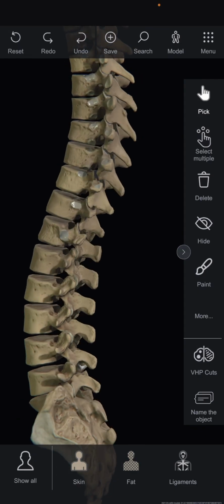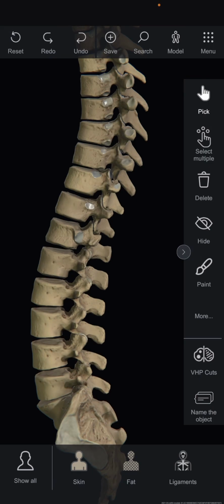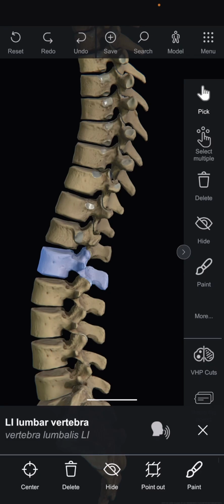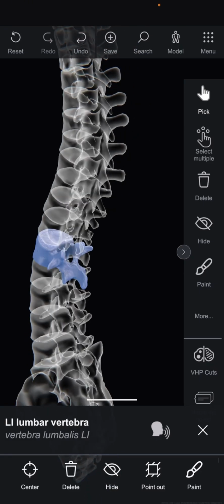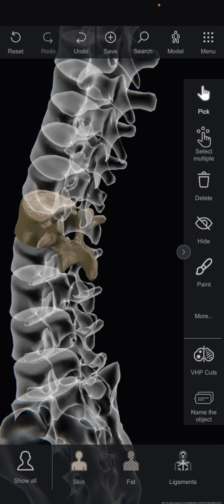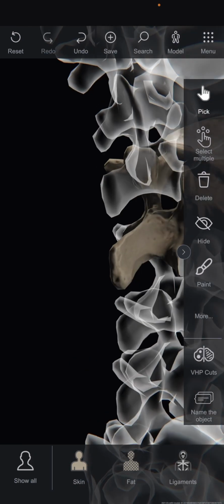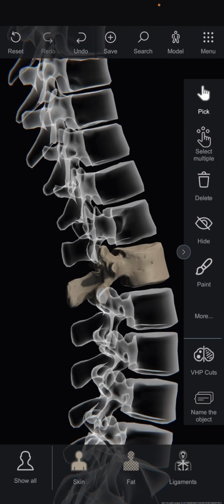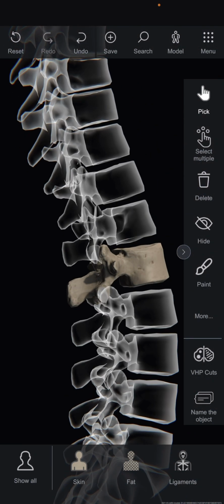We are discussing the lumbar region. Let's take one lumbar vertebra and see its structure. Here we have two more formations. This is the difference in lumbar region vertebrae. Some students, if we ask what the difference is between thoracic and lumbar vertebrae, say lumbar vertebrae have a big body.